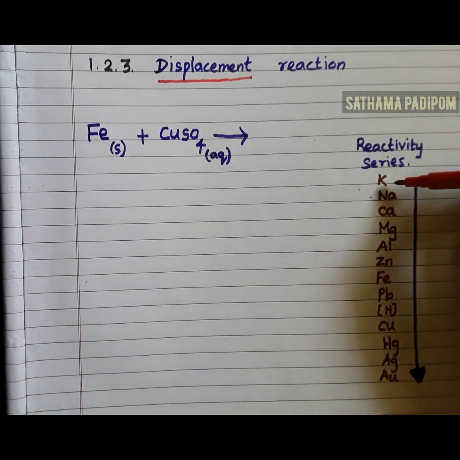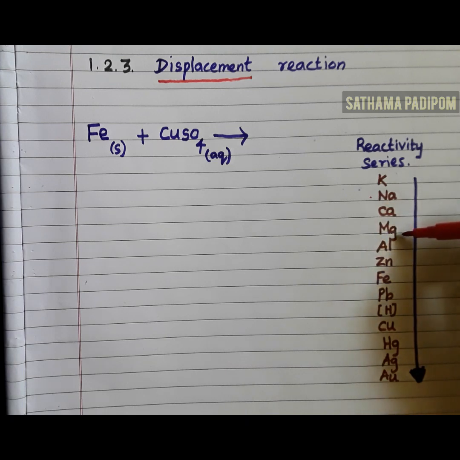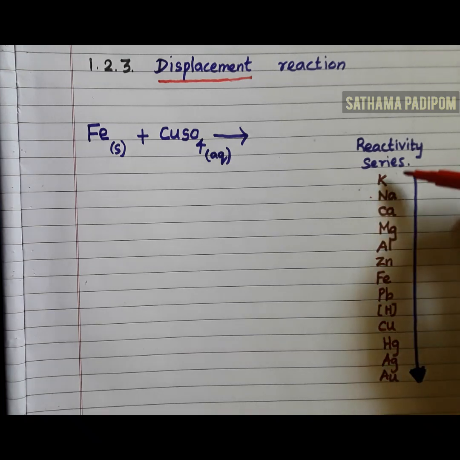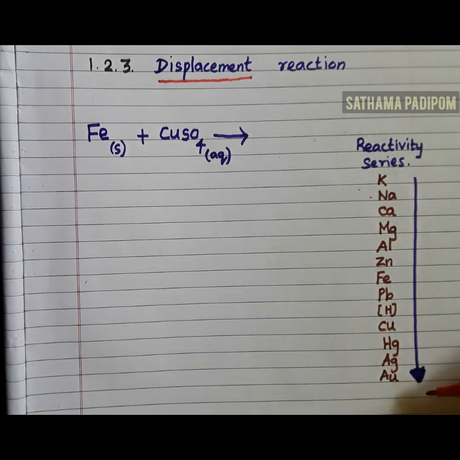K represents potassium, Na represents sodium, Ca calcium, Mg magnesium, Al aluminium, Zn zinc, Fe iron, Pb lead, H hydrogen, Cu copper, Hg mercury, Ag silver, Au gold. This is the order of the reactivity series.